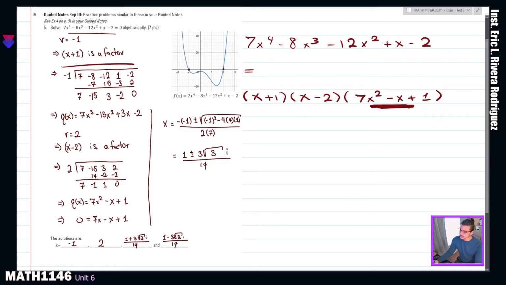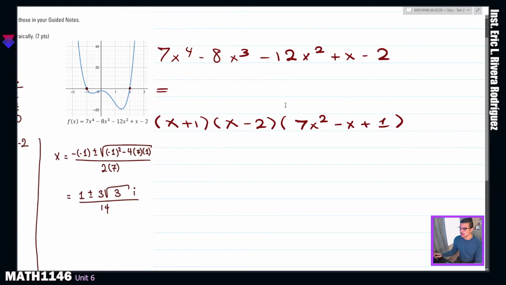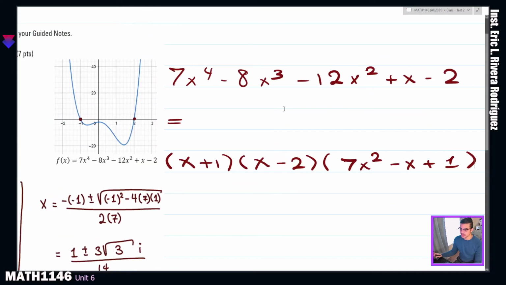But before getting to the complex zeros, I want to explain how we go from a degree of 4 to a degree of 2. From the graph of this polynomial, we can see that we have two real zeros, x equals -1 and x equals +2.